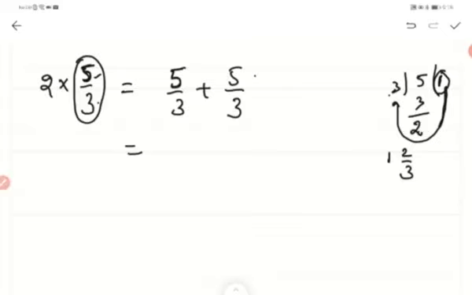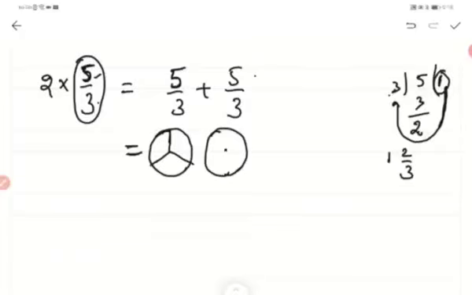So you'll represent this 5 by 3 as one whole. Since it should be divided into 3 parts, I'll take a circle. It becomes easy for me to represent it in the circle for dividing it into 3 equal parts, not halves. So this is how I represent 1 and 2 by 3.